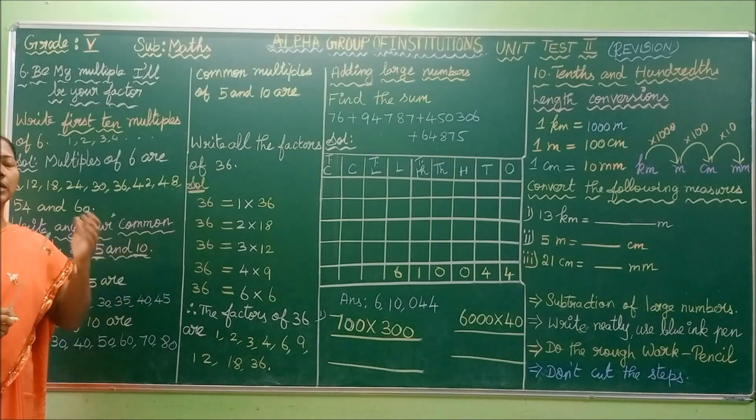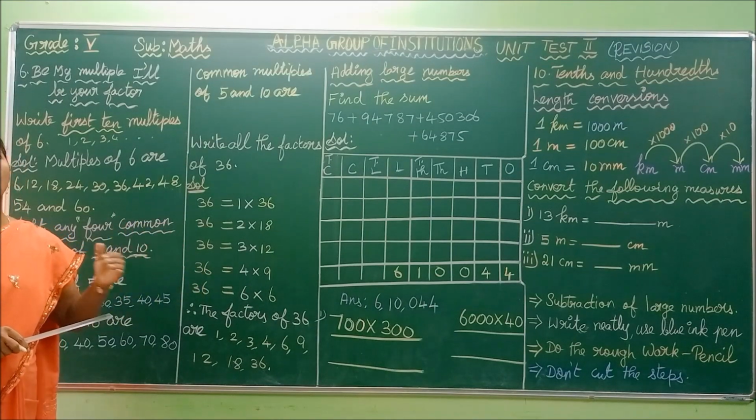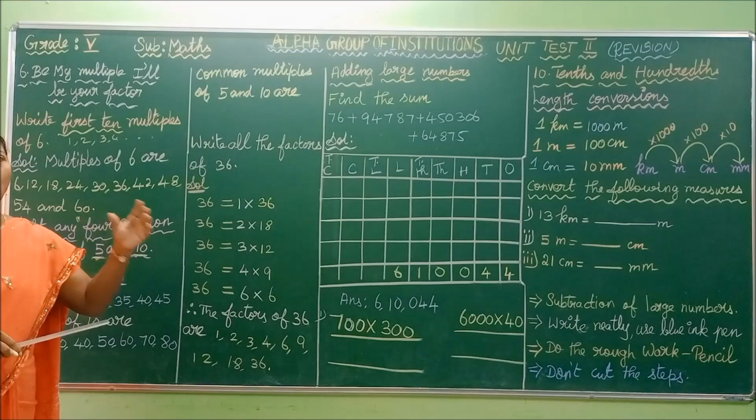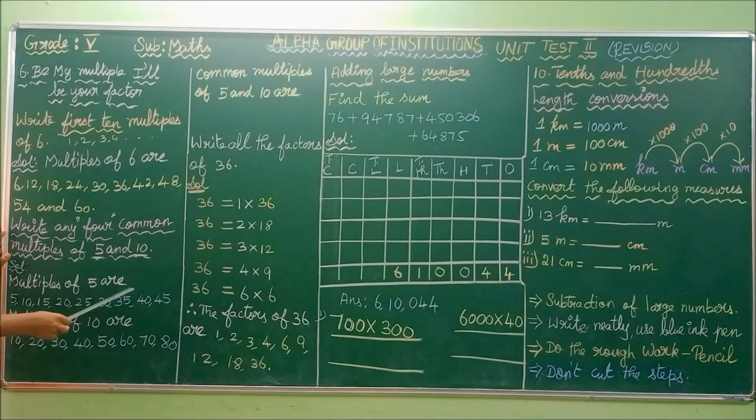For this sum, first you have to write the multiples of 5 and then you have to write the multiples of 10 and then you have to find out the common multiples. See here children, multiples of 5 are 5, 10, 15, 20, 25, 30, 35, 40, 45 like that you have to write. Similarly, you have to write the multiples of 10.